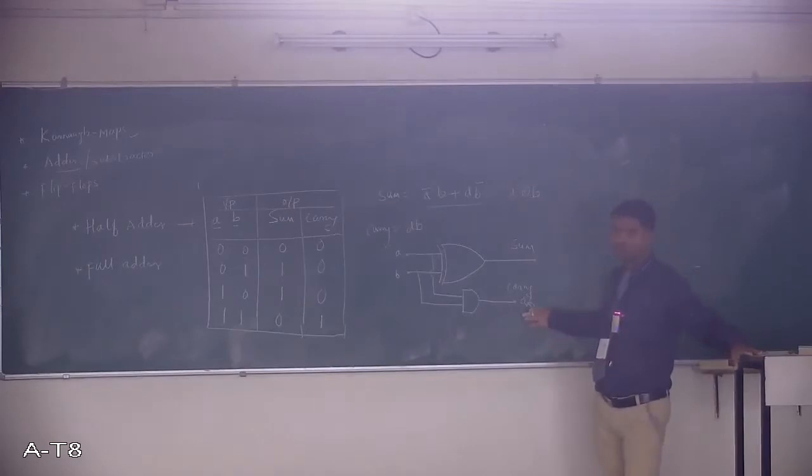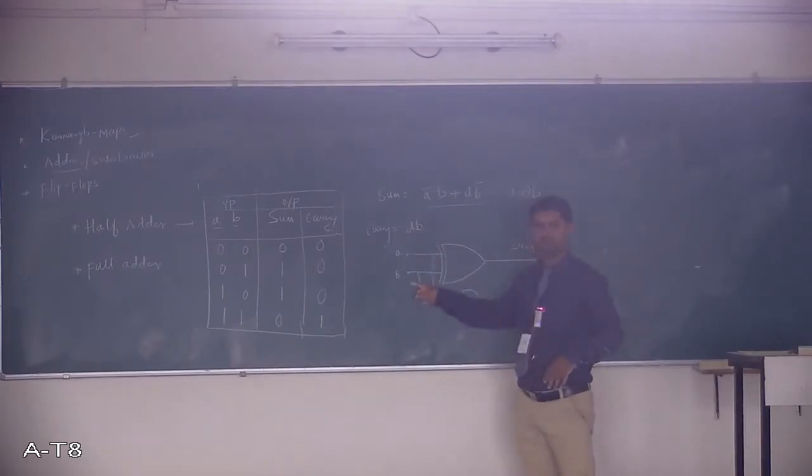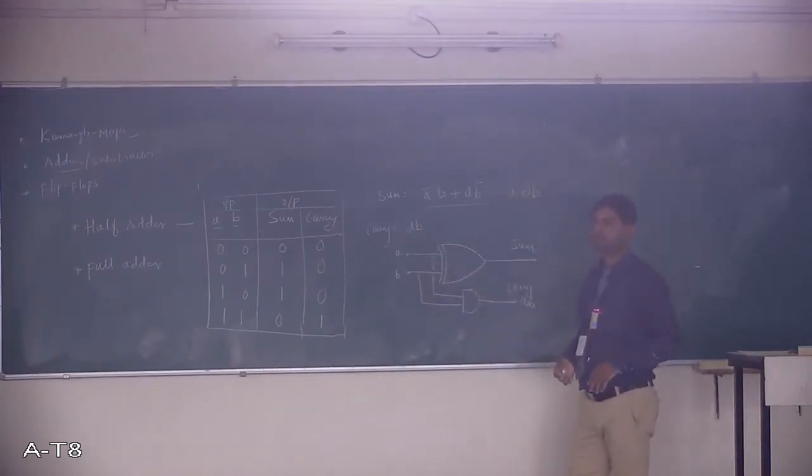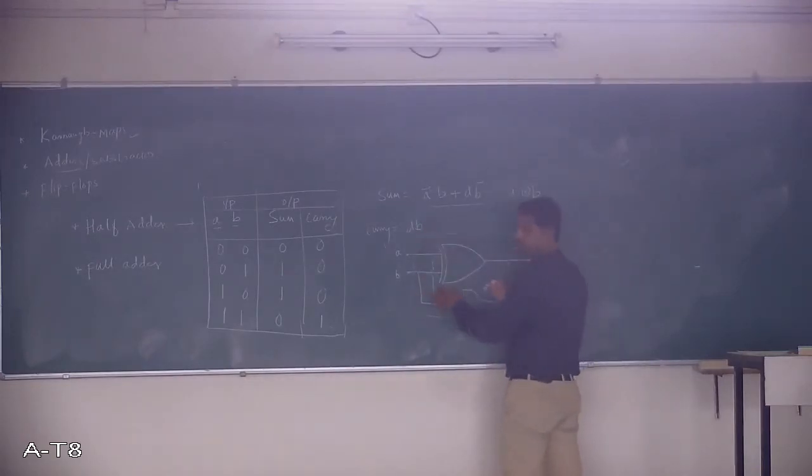This is producing one output, sum. This will produce one more output, that is carry. And this system is having 2 inputs, A and B. This is my circuit. You put it in a box. Forget about the square box. How many inputs are there? 2 inputs. How many outputs are there? 2 outputs.